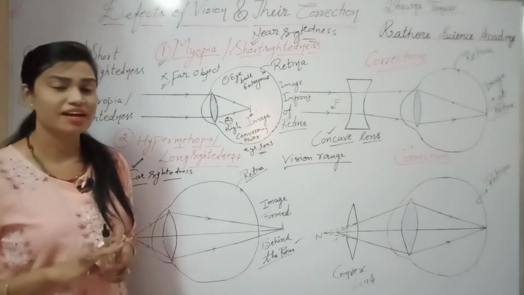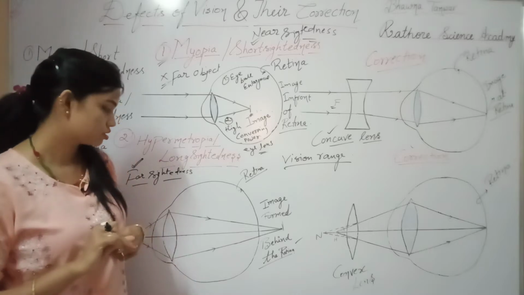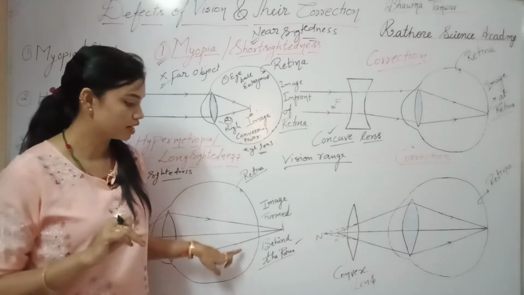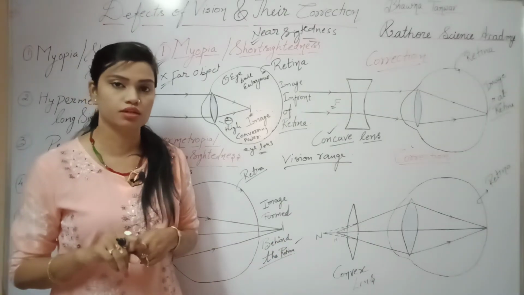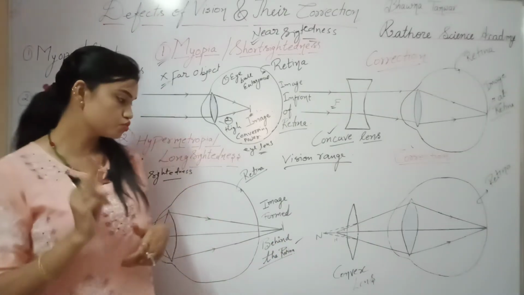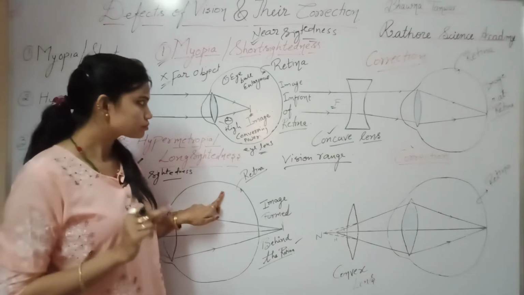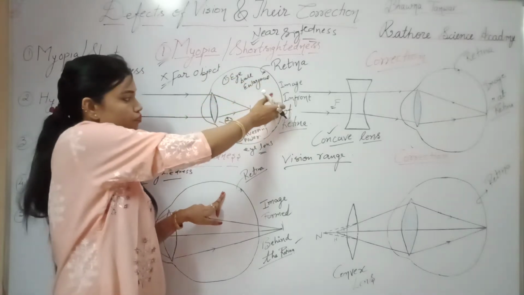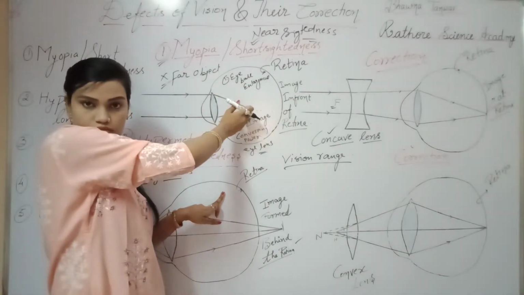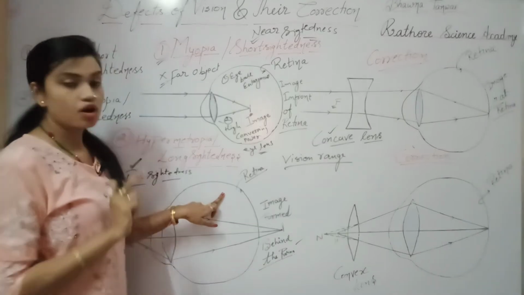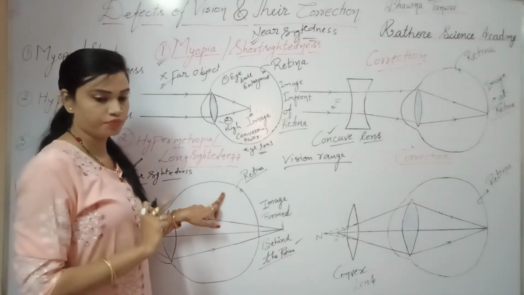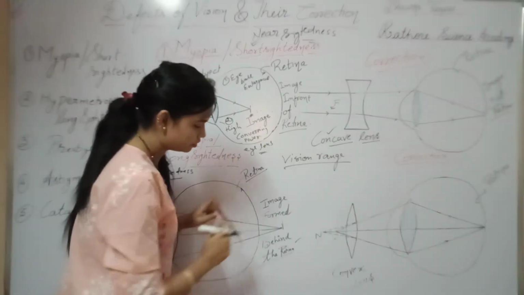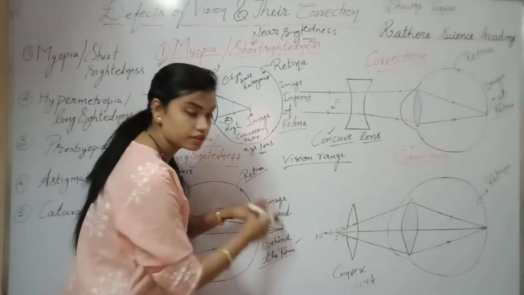But why does it happen? Why does this light ray meet behind the retina, or why is the image formed behind the retina? There are two reasons. See, in myopia the eyeball enlarges, so the image forms in front of the retina. In hypermetropia the image is formed behind the retina.